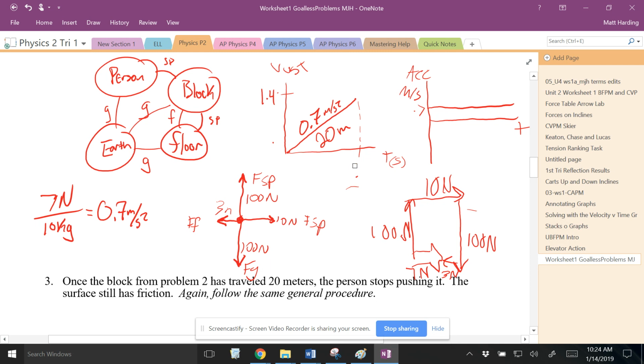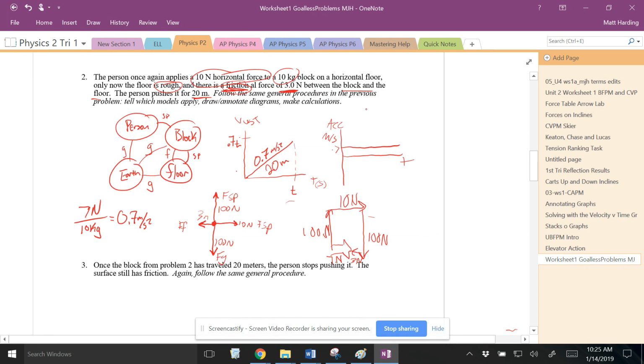If this was t, this is going to be 0.7t. That's how slope works. So if I calculate that slope, 0.7t over t, I get that the slope is 0.7.